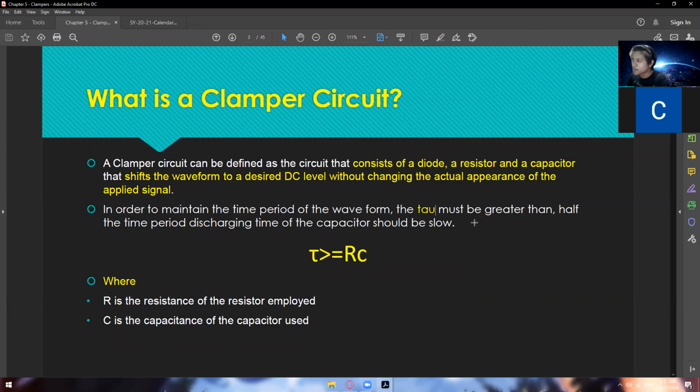Capacitor should be slow. Okay, or in other words, this tau is the time period that it will consume to charge our capacitor. So basically, this must be greater than the discharging time.